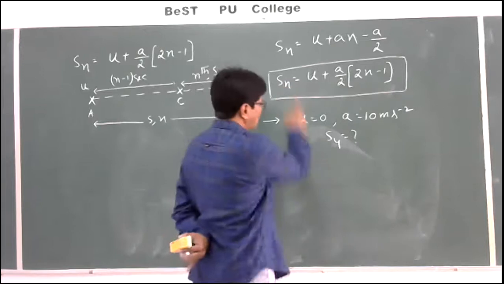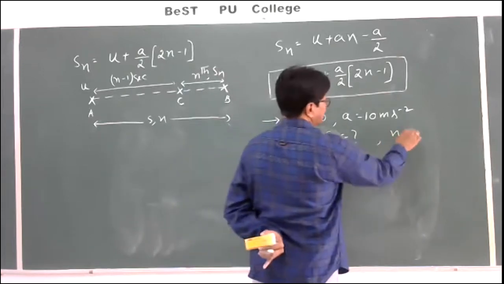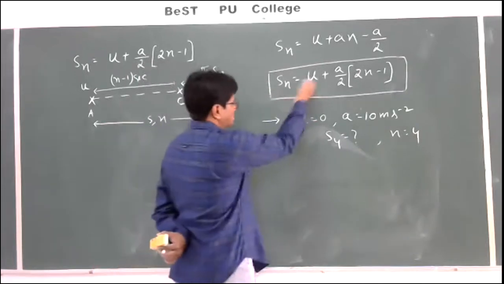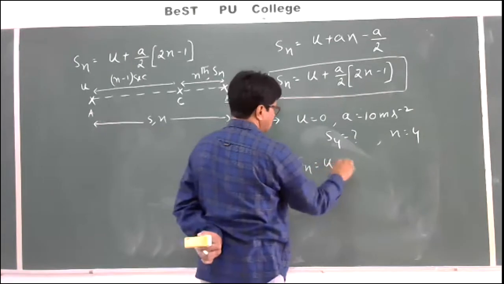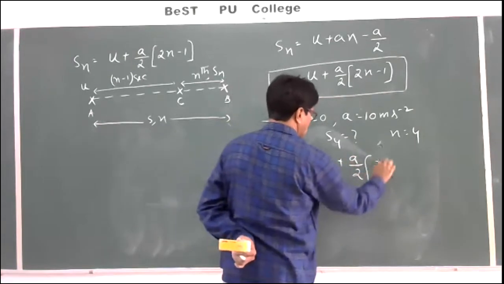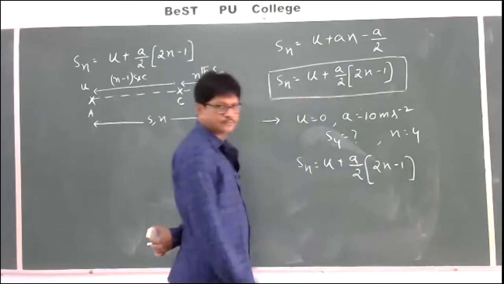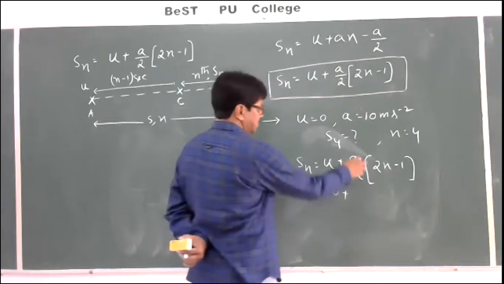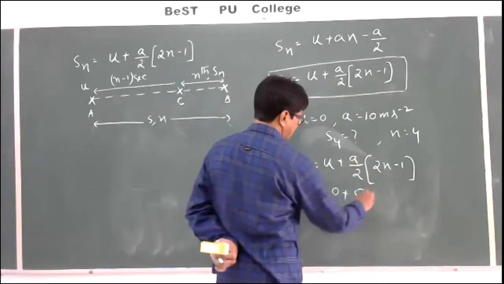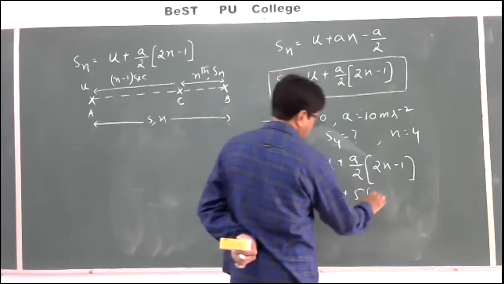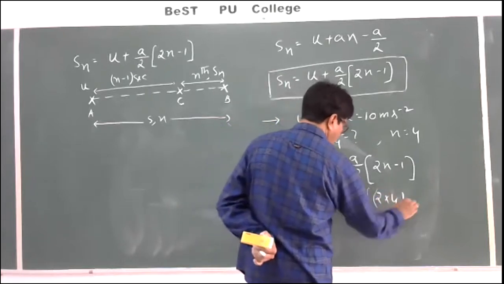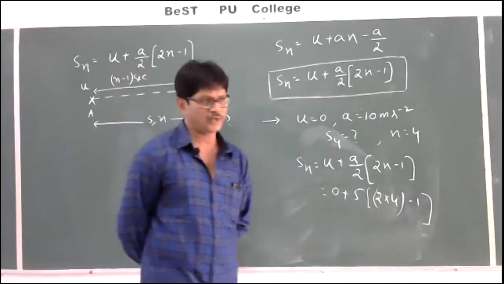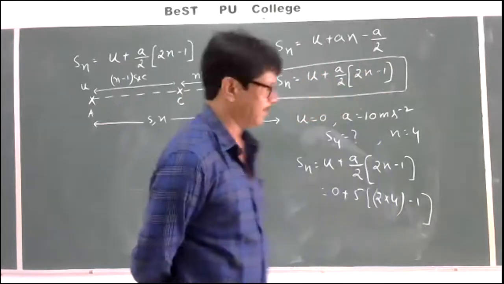So instead of n, what do we have? 4. So the n value we should take as 4. Now you just go through this formula. Sn is equal to u plus a by 2 into 2n minus 1, where u is equal to 0, a is equal to 10, 10 by 2 is equal to 5, n is equal to 4, 2 into 4 minus 1. 2 fours are 8, 8 minus 1 is 7, 7 fives are 35.